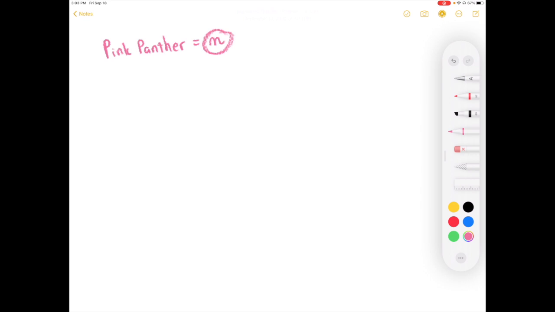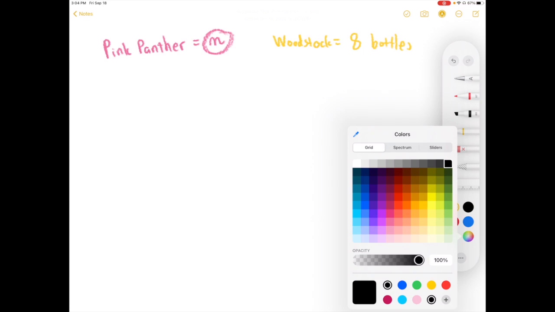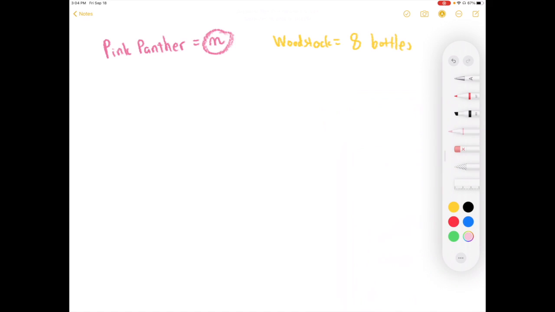N stands for some unknown number. We know how many bottles Woodstock sold. It says Woodstock sold 8 bottles. Now, the other information that we have on the Pink Panther is that he sold 3 times as many as who? As this guy right here, Woodstock.